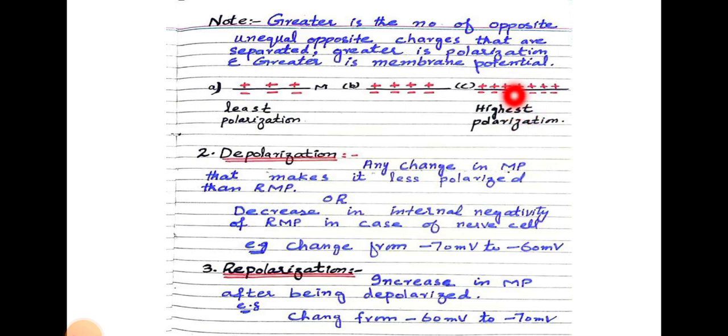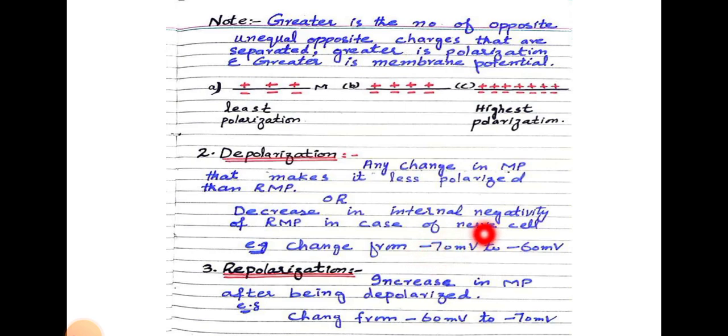So this membrane is much more polarized than this, and this membrane is more polarized than this one, which is the least polarized.